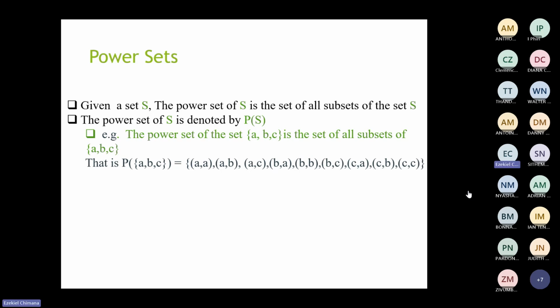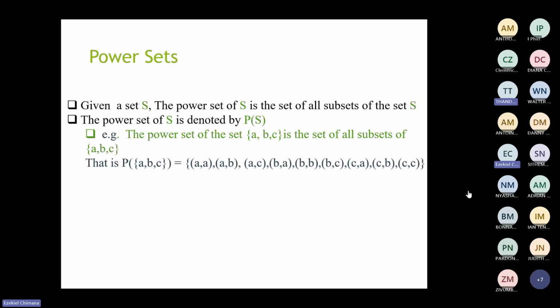Also, an empty set is going to be part of the power set. So for ABC, we must see ABC, and we must see the empty set as part of it. So I don't know if your answer here is correct. Is that the correct answer for the power set of ABC?